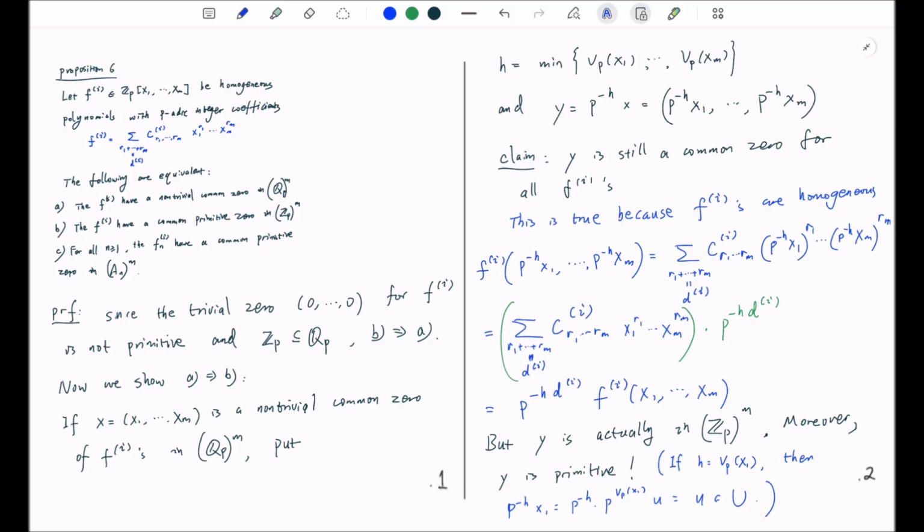So because we have at least one component here that is invertible, this y is primitive. And y is also actually in Z_p^m, as I explained above. If you don't see that immediately, you can write down the p-adic factorization for x_1 through x_m, and you will see that because h is the minimum among those valuations, all the p powers from the first component to the last component must be a non-negative power of p. So this y must live in Z_p^m. And this verifies that A implies B.